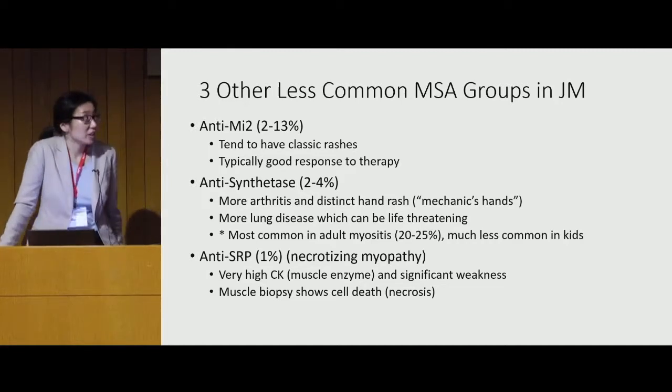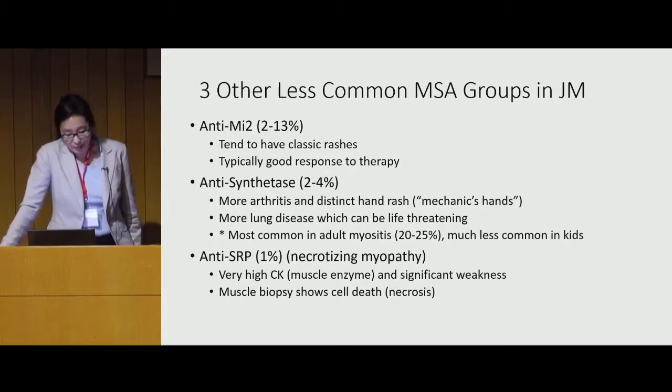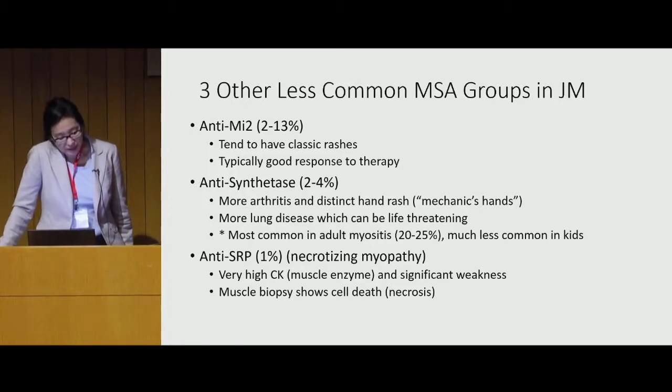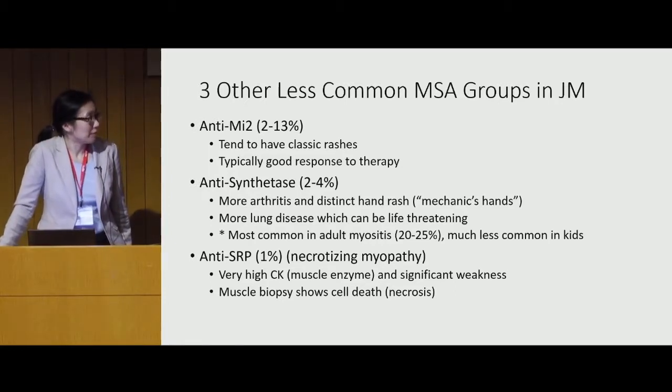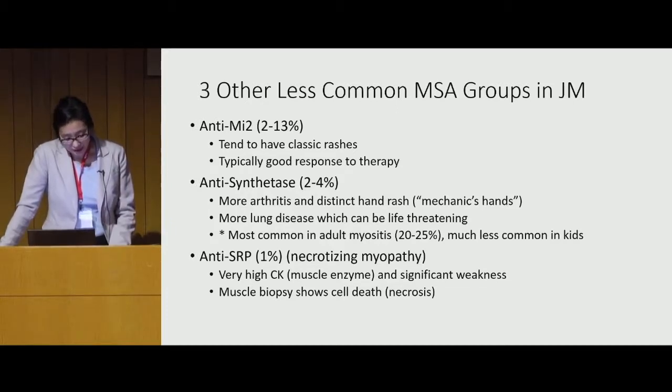And then anti-SRP is not very common, about 1%, but this is considered a necrotizing myopathy associated with having a very high CK muscle enzyme and significant weakness. And if muscle biopsy is done, it shows this necrosis or cell death, which goes along with this name of necrotizing myopathy.